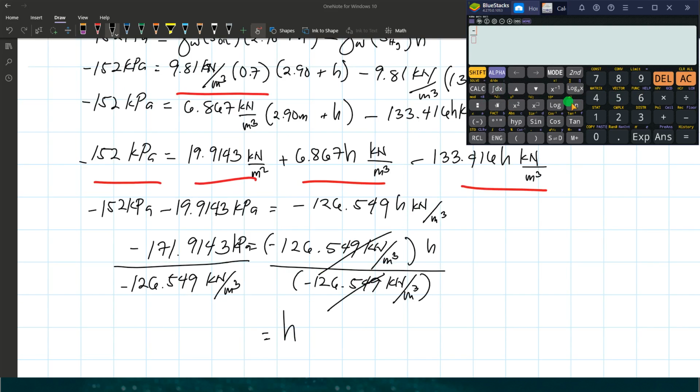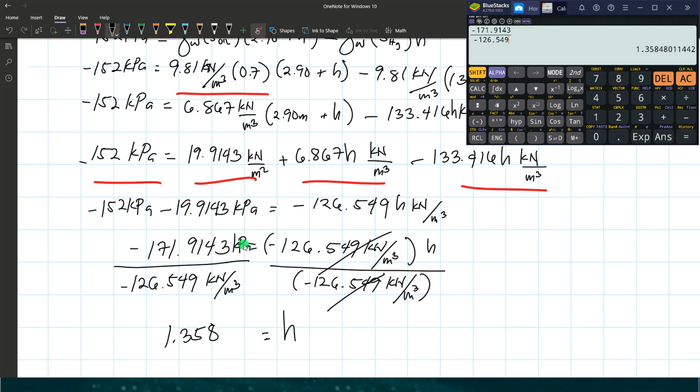So, negative 171.9143 divided by negative 126.549. The answer is 1.358.